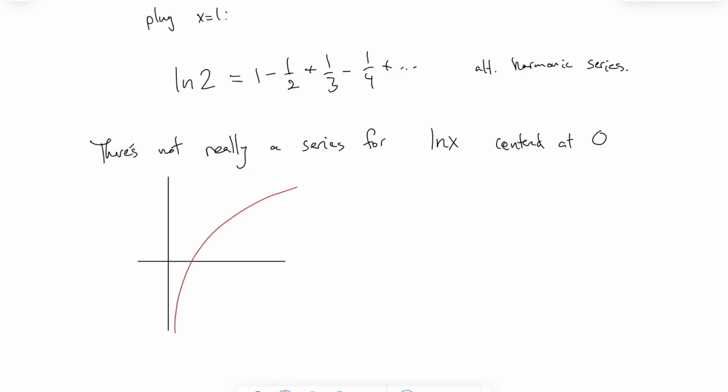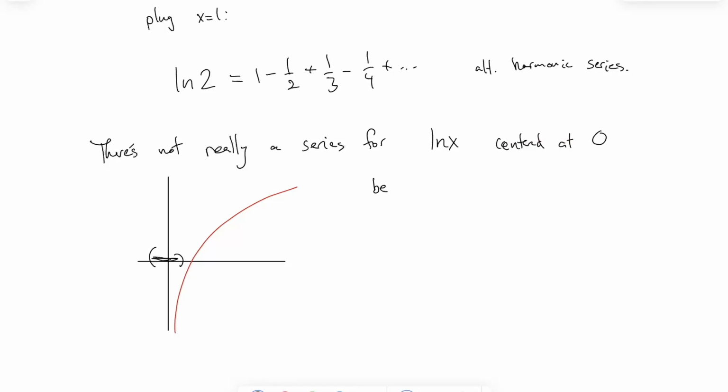It looks like this, right? And if I want a series centered at 0, it would have to have an interval of convergence like this, an open interval around the origin. But it's not possible for this series to converge near the origin because the function is not even continuous at 0. All right, that's why there's not really a series for ln of x centered at 0.